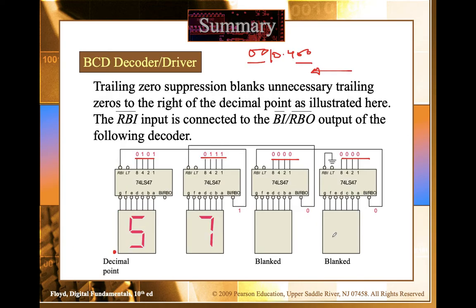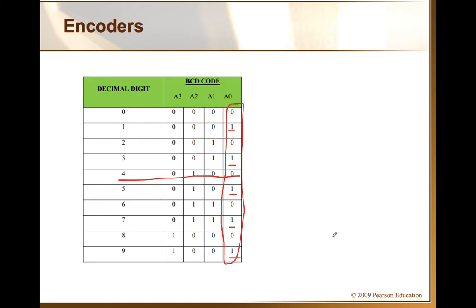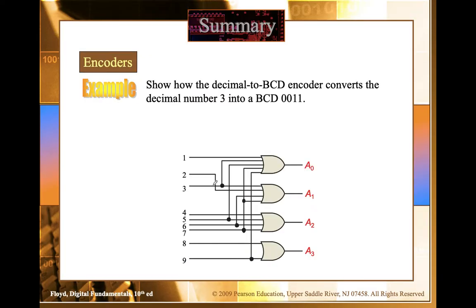If you've had a second quiz and know how to convert a truth table into a diagram, this is how you will make A0. Then again for A1, you will look for where it's 1, and similarly choose a gate and then insert the inputs.